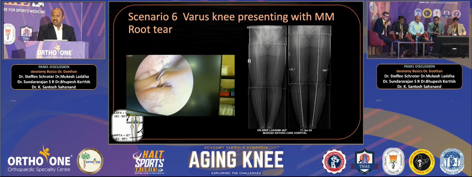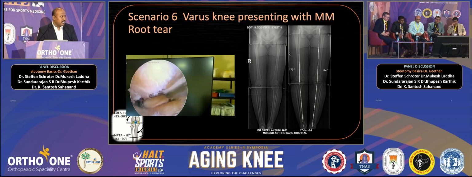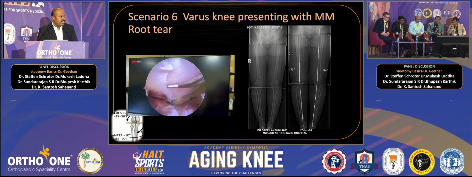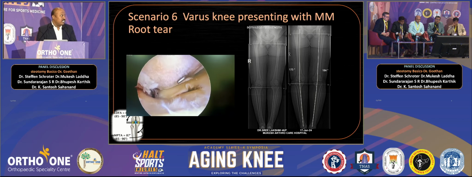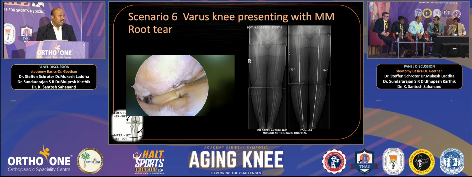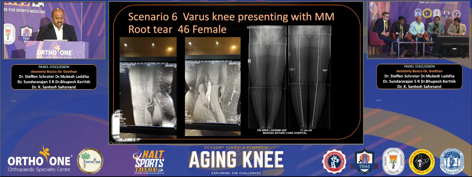Video is not playing? Okay. Intra-op we found, besides the meniscal root tear, there was significant cartilage erosion in both medial and lateral compartments. We could not pick it up in MRI. Retrospectively, is it seen in MRI?